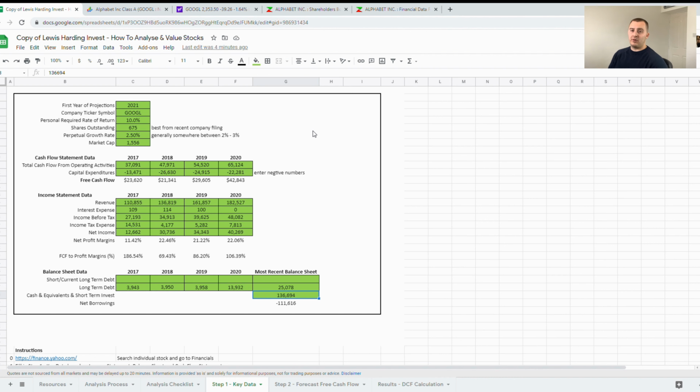I like to keep it very simple. I like to keep it pretty quick and easy. And I like to spend most of my time when I'm analysing stocks making sure the numbers are right, making sure they look reasonable, and then reading more about the company. So if you'd like to learn more about discounted free cash flow, please just send me a message or an email. More than happy to chat to you about it.